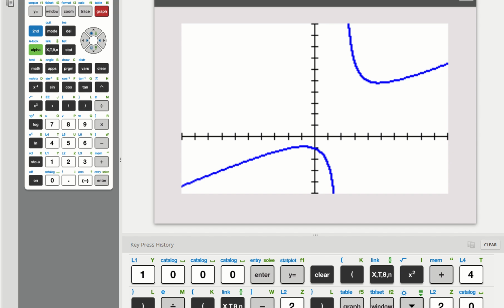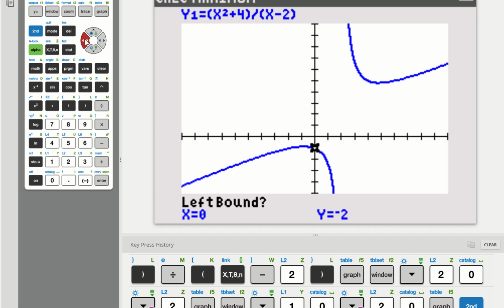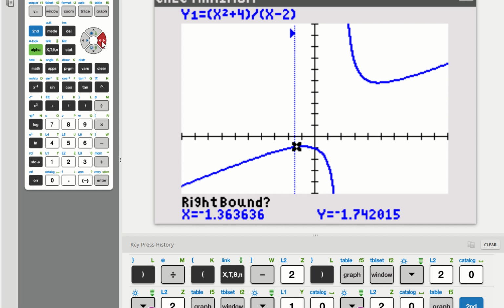On your graphing calculator, we can use calculate, which is above the trace button. So I'm going to do second calculate to find the maximum and minimum. I'll find the maximum of this left side. I want to start by being a little bit on the left side of that mountaintop, then scooch over to be on the right side of the mountaintop.